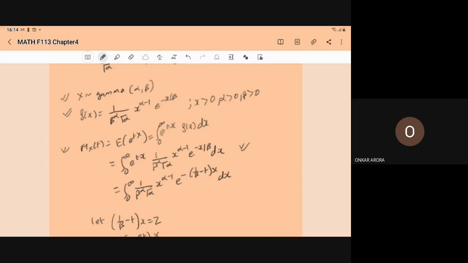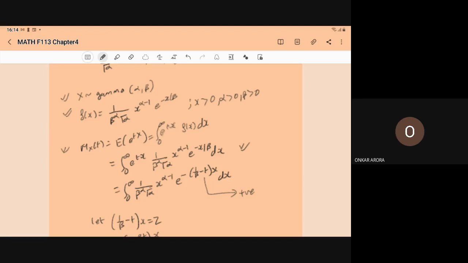Now the main thing is, this bracket must be positive, right? This bracket must be positive. Then only e to power minus infinity will be 0, right?